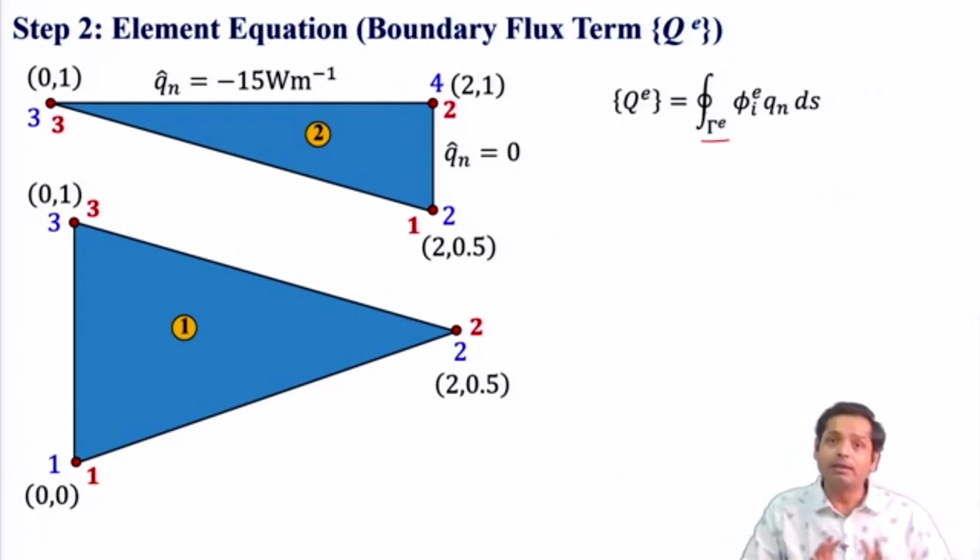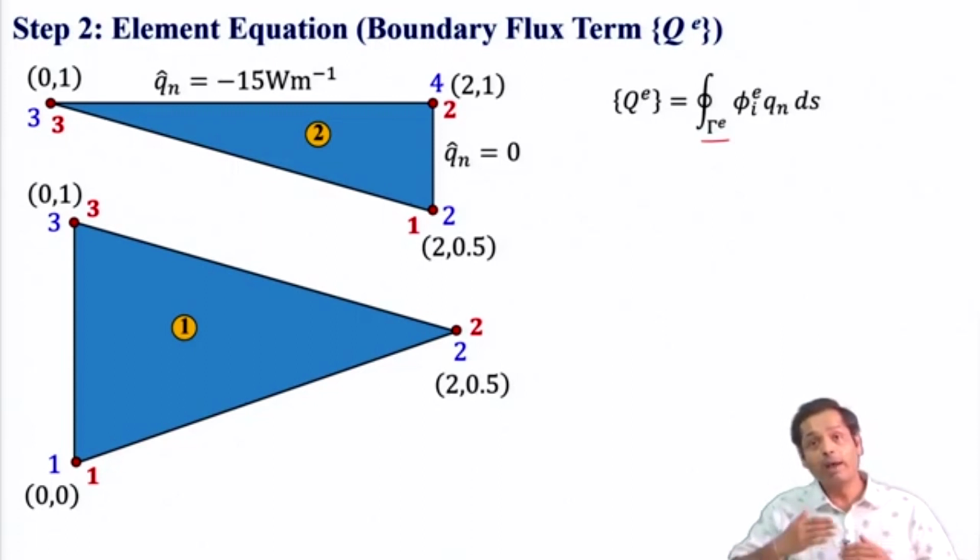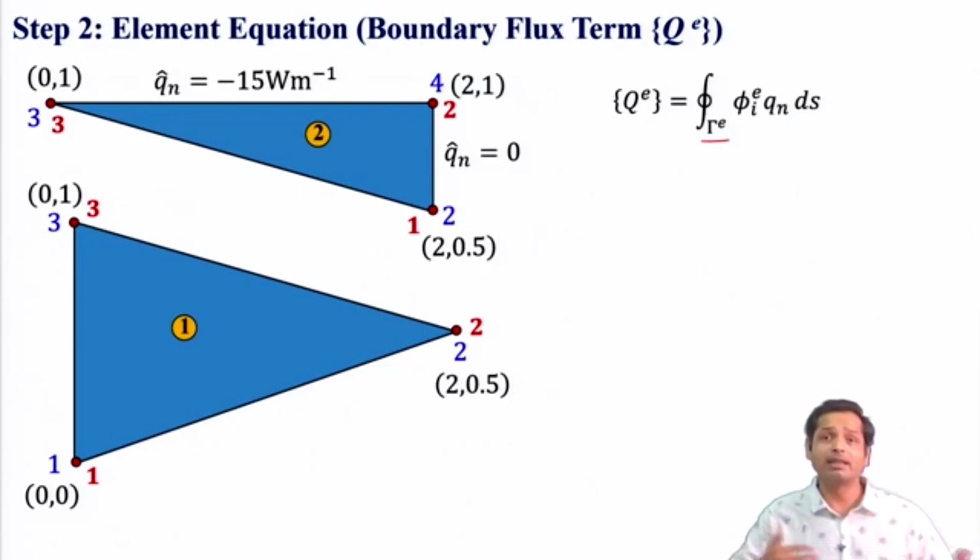For all the internal elements where the sides do not coincide with that natural boundary, it is unnecessary to evaluate this, okay, because when two elements join each other, the contributions from both elements will cancel each other.